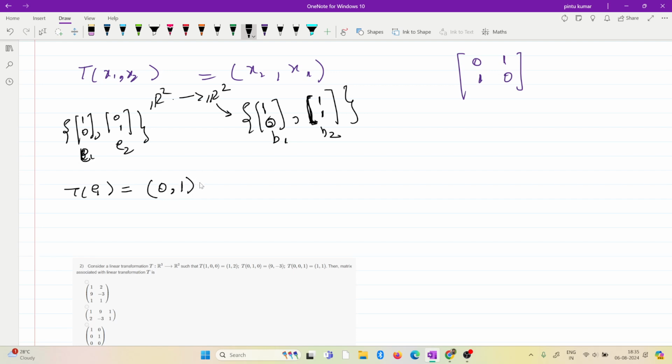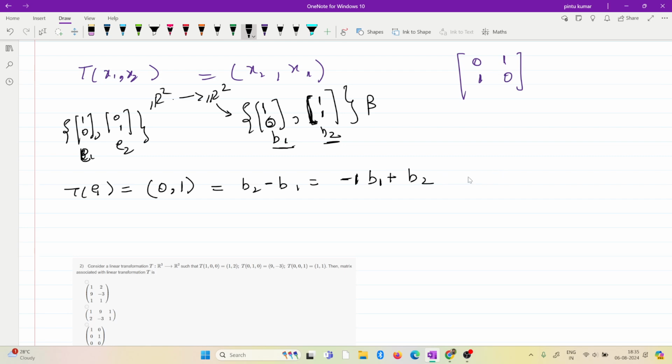Now, whatever answer you have obtained, you have to write it in terms of your new basis, B1 and B2. So we can write this as B2 minus B1, which is minus 1 times B1 plus 1 times B2, right?